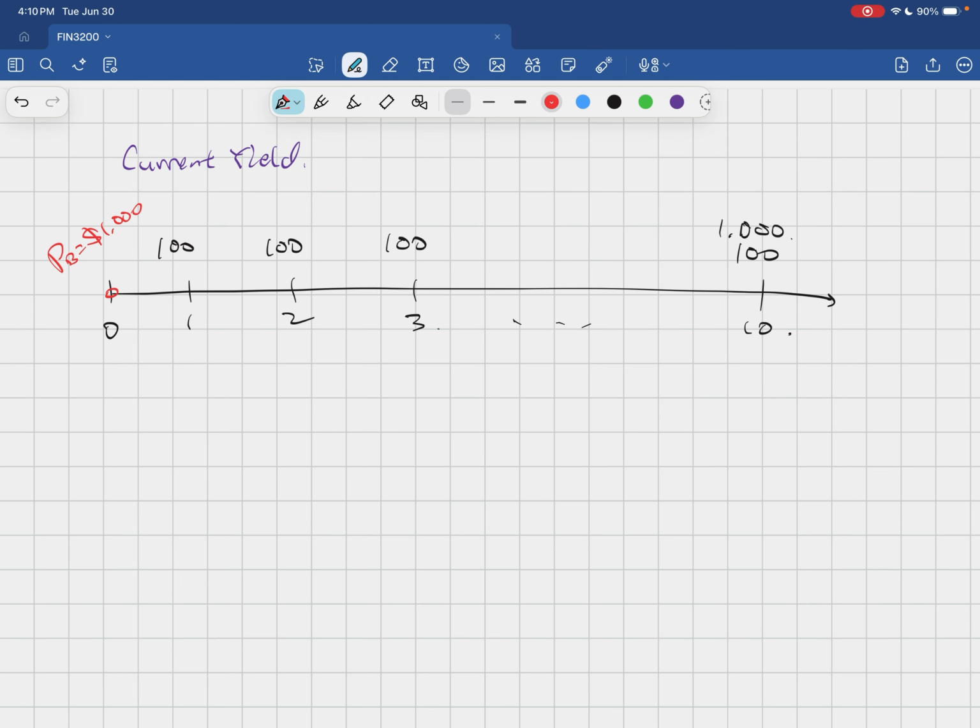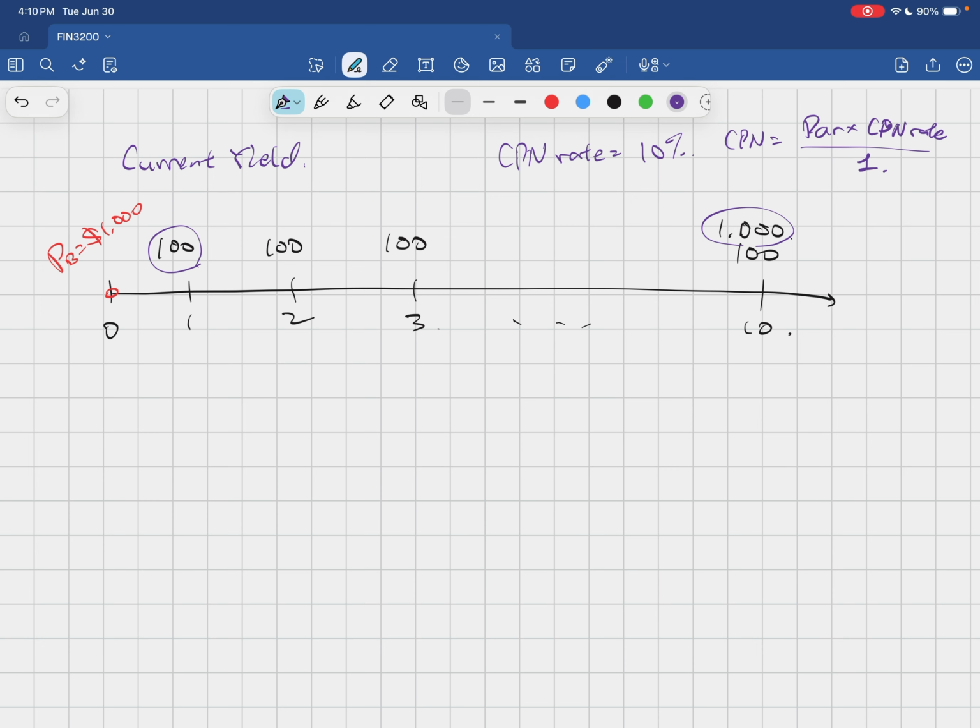Okay, so if we treat this as an annual bond, you'll see that the coupon rate is probably 10%, right? Since the par value is $1,000 and you're only getting $100 every year. The coupon payment formula was par times coupon rate over M, which is 1 here.